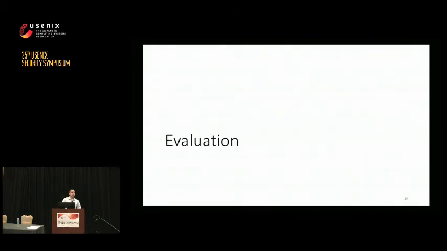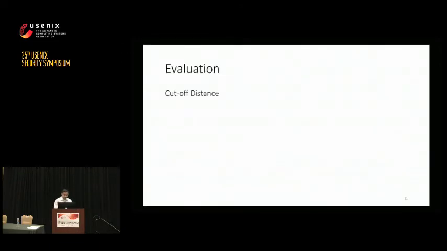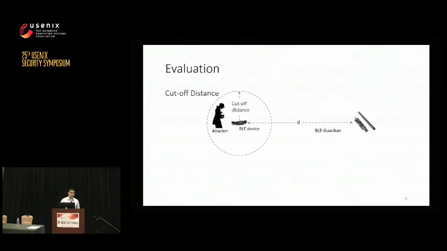So to evaluate BLE-Guardian, we focus on 3 main aspects: the distance over which it provides privacy protection, the impact on the advertisement channel, and the energy overhead when connected to a smartphone. So we're going to start with the cutoff distance. Now, BLE-Guardian is limited in terms of transmission power that we can use.